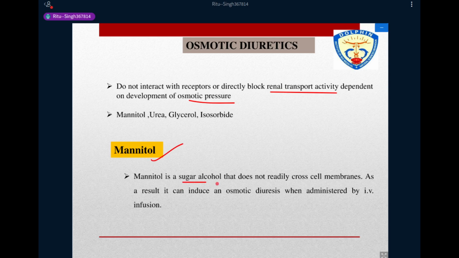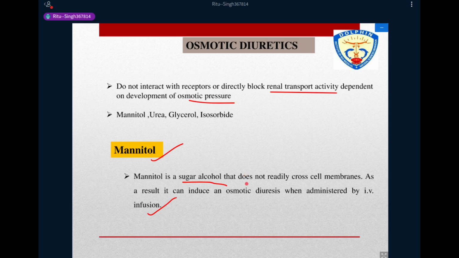Mannitol is a sugar alcohol that does not readily cross cell membranes. As a result, it can induce an osmotic diuresis when administered by intravenous infusion.